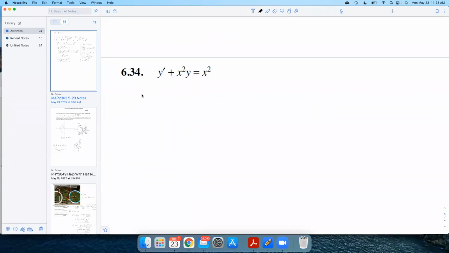Okay, so my p of x is x squared. So my integrating factor, mu of x, is e to the antiderivative of x squared dx. That would be e to the x cubed over 3. All right. Multiply everything, both sides, by that.